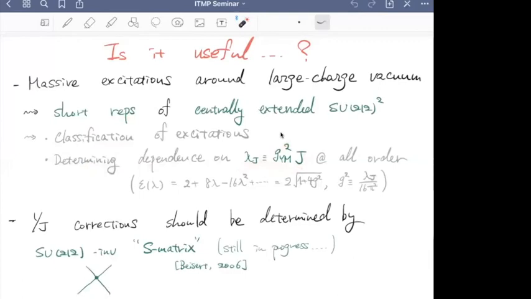And for instance, this was first analyzed in the usual context of the large N limit by Beisert, but you can apply the same analysis here, and then you can determine the energy of the excitation as a function of lambda at all orders in lambda. And furthermore, we expect that the 1 over J correction can be determined by an SU(2|2) invariant S matrix, which was again originally proposed by Beisert in a different context in the large N limit.